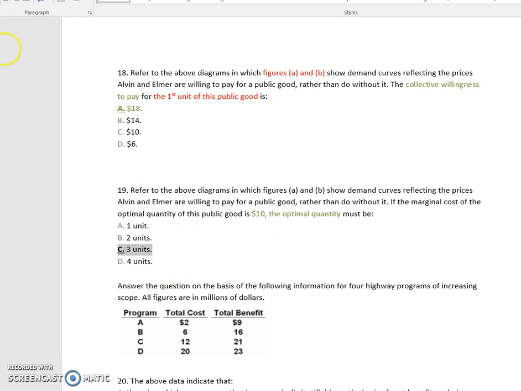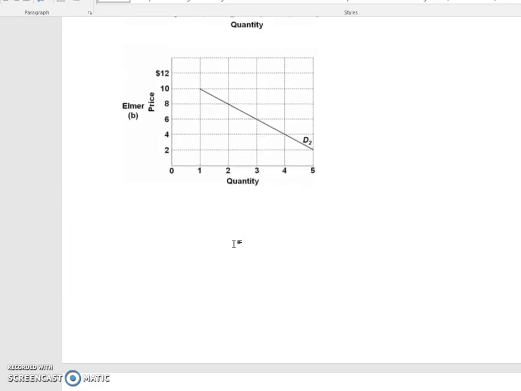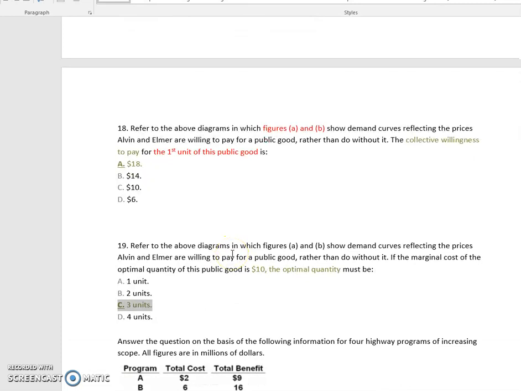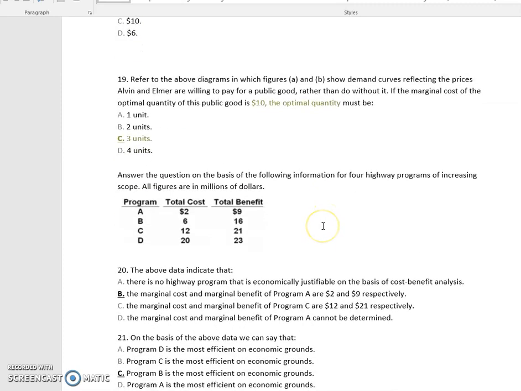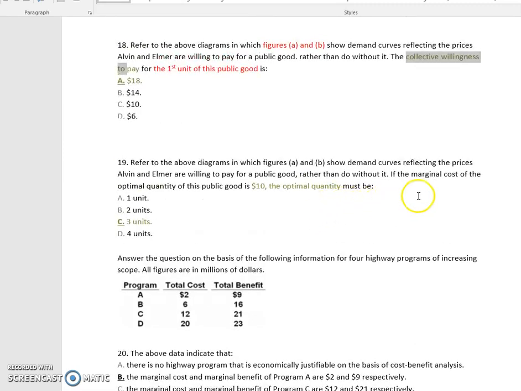So let us see the optimum quantity. Marginal cost is $10. So we know that the collective willingness to pay must be more than or equal to $10, right? So if marginal cost is $10, that is the rule. We have already done that before, right?